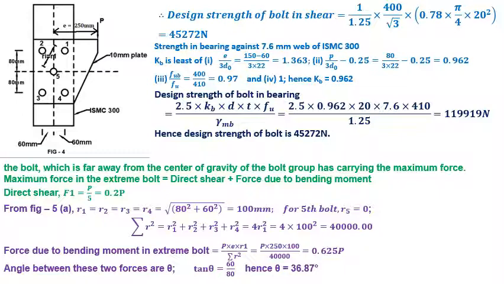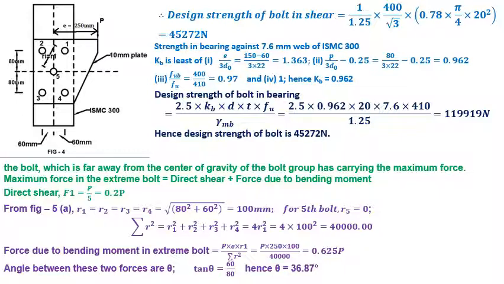If radial distance, say R1, is greater than all the radial distances, then the maximum force will develop at bolt number 1. In present case, all the distances are equal. So the maximum force in extreme bolt equals direct shear force plus force due to bending moment.